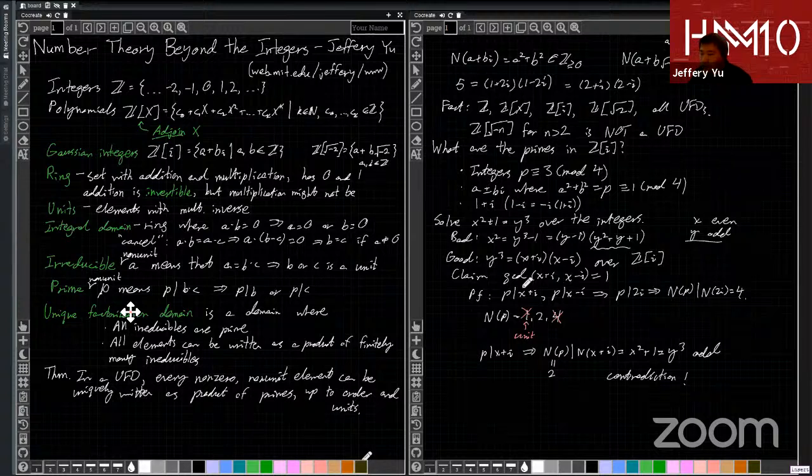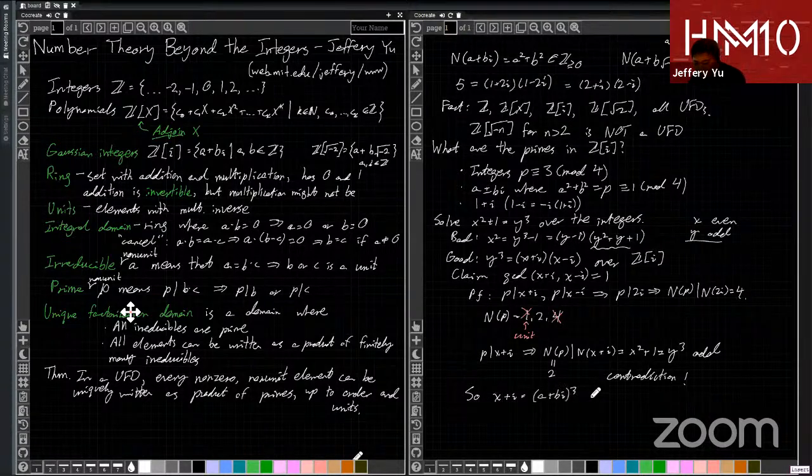Because we've now shown they're relatively prime, each of the factors x plus i and x minus i must itself be a perfect cube, well, up to a unit. You can always multiply by units, but units are already perfect cubes, so we're not going to worry about units. So x plus i is a perfect cube. In the Gaussian integers, this is (a plus bi) cubed.